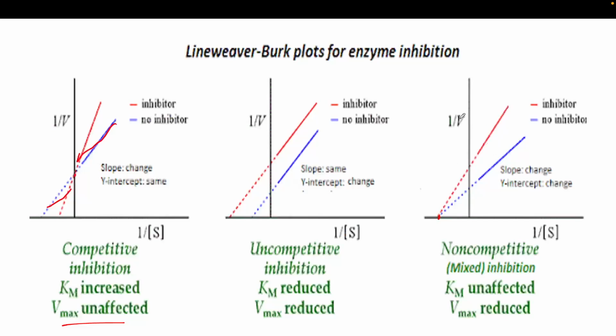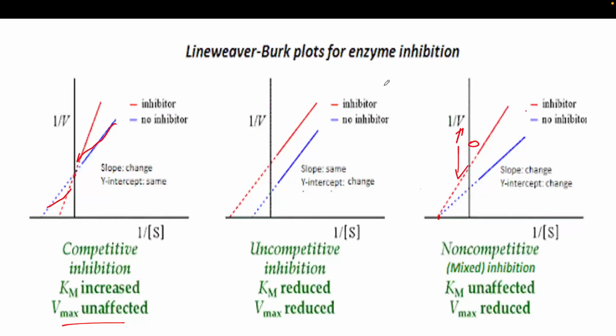Because here 1 by V is plotted, an inverse quantity, an increasing value means a reducing Vmax. Suppose this is 0; this side is more negative and this side is more positive.